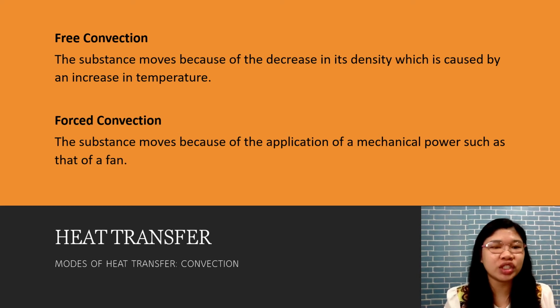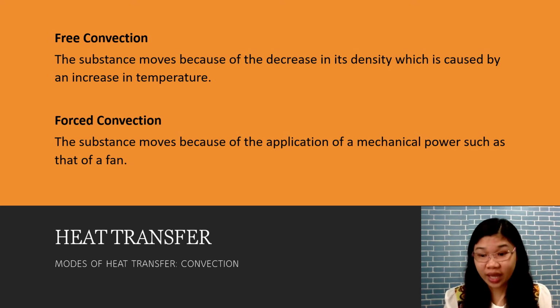So in free convection, we have here the definition. In simpler terms, the free convection, or again, the natural convection, is wherein the substance moves because of the decrease in its density, which is caused by an increase in temperature.